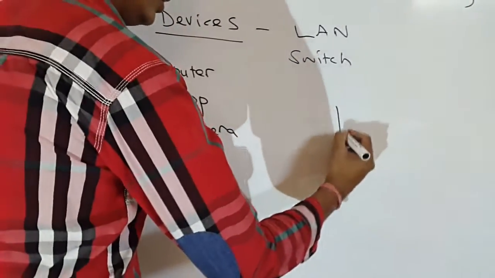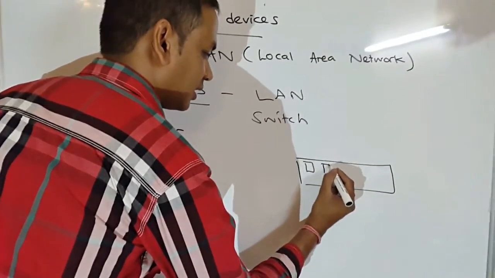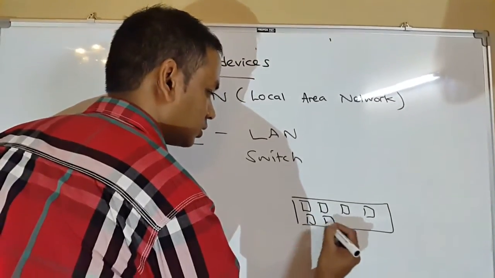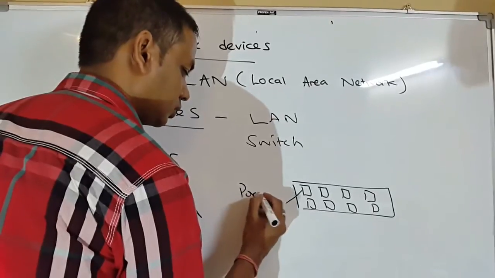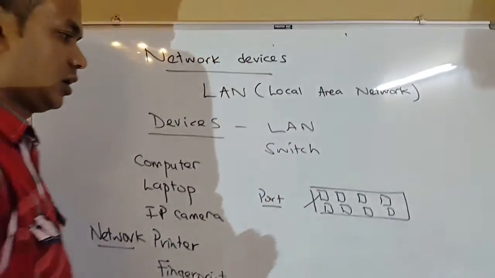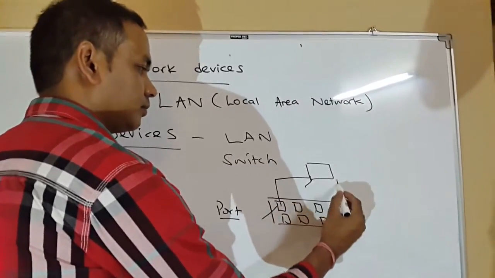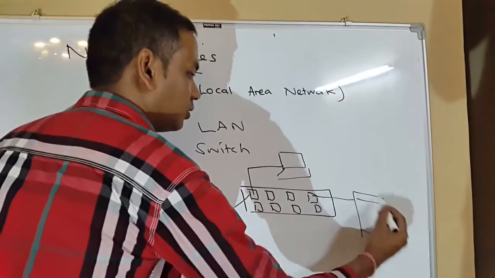For example, you have a switch here. That switch has 8 ports. That's called ports, network port. On one of the ports, for example, you can connect a laptop. On the second port, you have a printer.